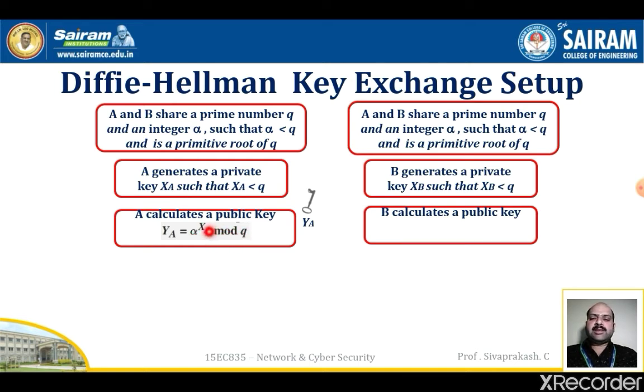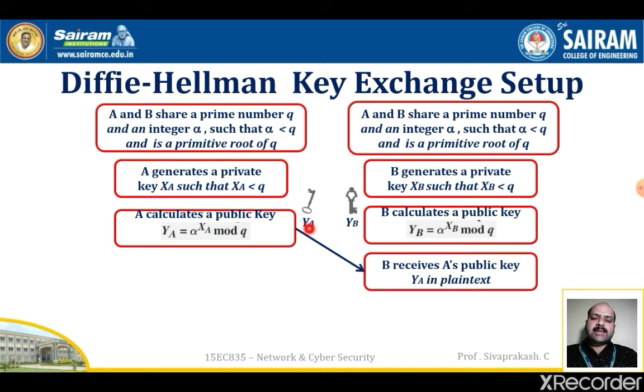Similarly, B calculates its public key YB is equal to alpha to the power of B's private key XB mod q.